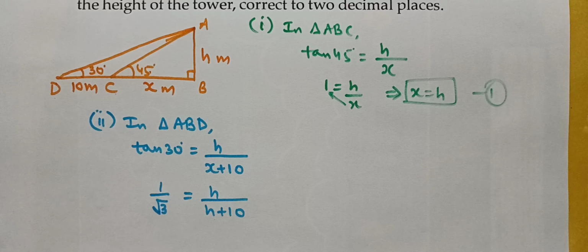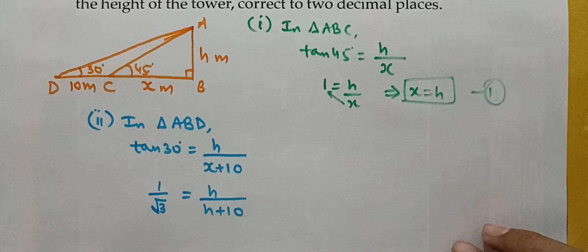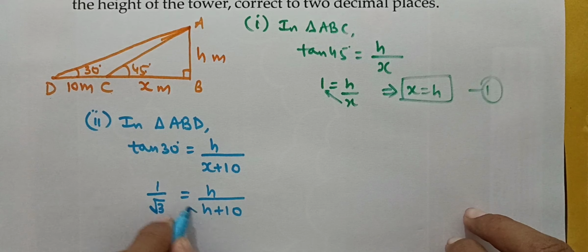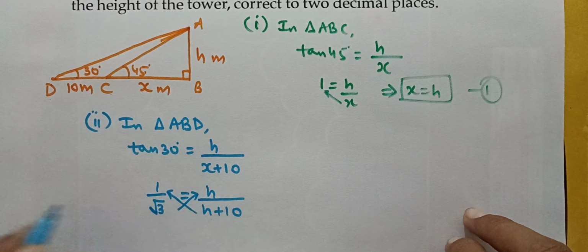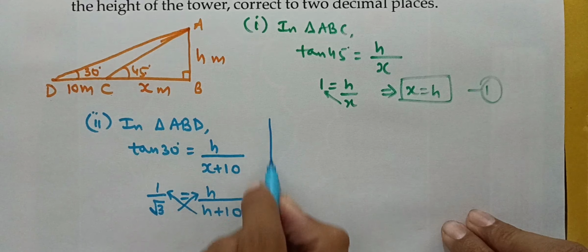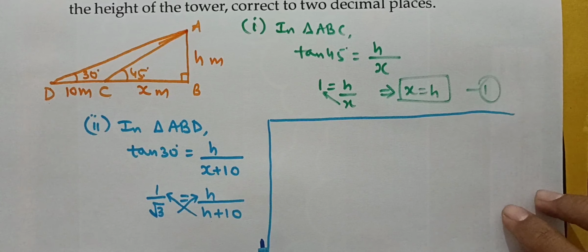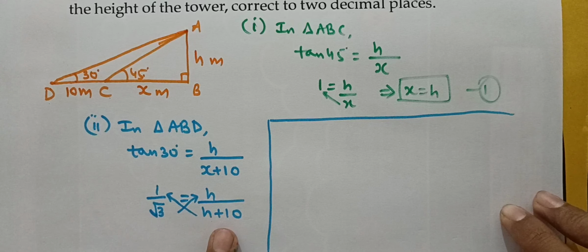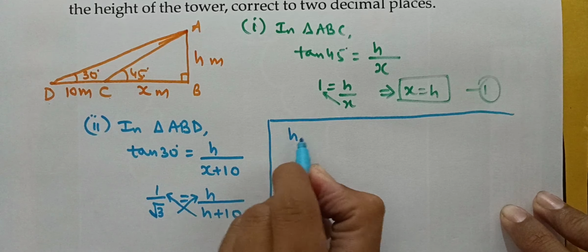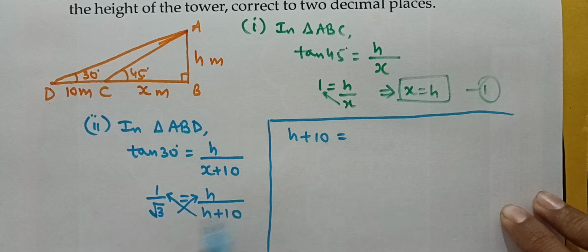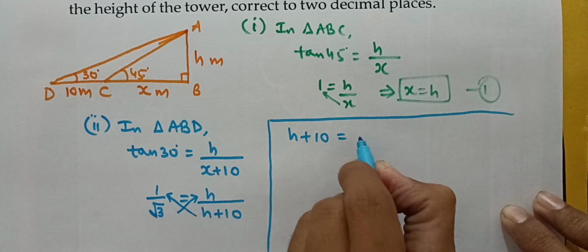There is no role of BC, x. Then we have to do cross multiplication. If I do cross multiplication, then h plus 10 with 1 becomes h plus 10, and root 3 with h is root 3h.